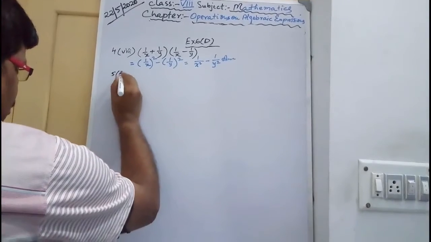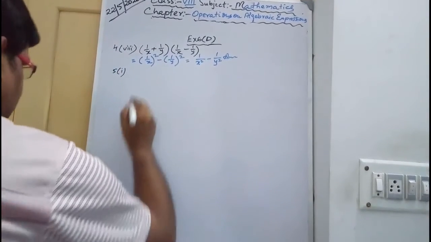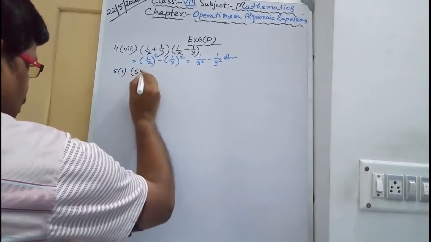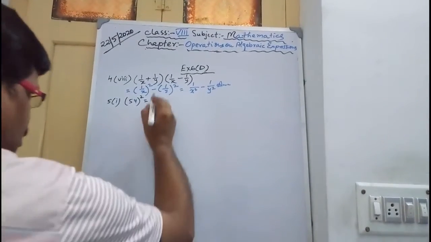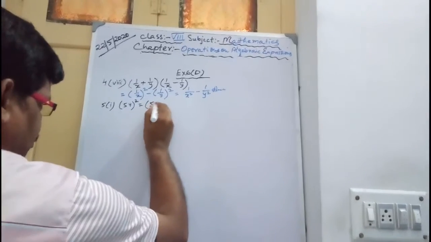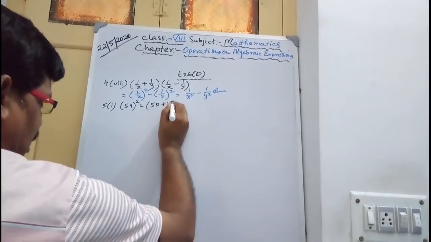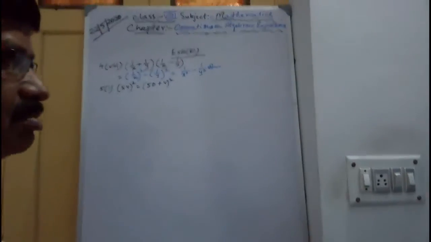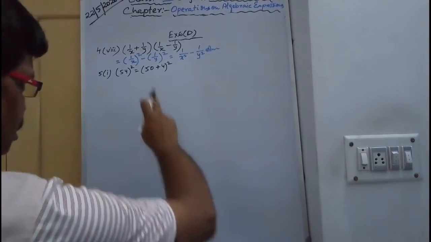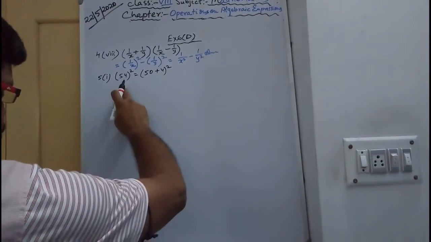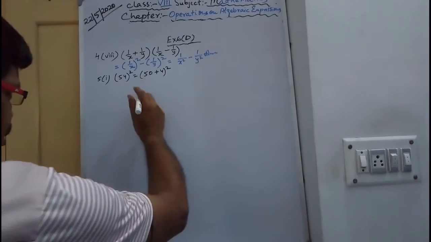54 whole square. Now divide into two numbers, 50 plus 4. Either you can write that in plus or you can write that in minus. Here I have taken 50 plus 4, that is 54.